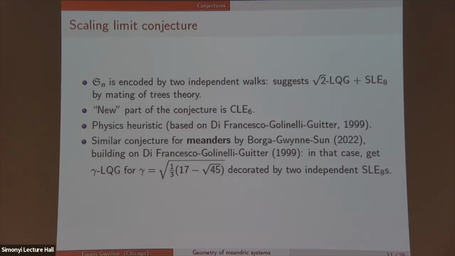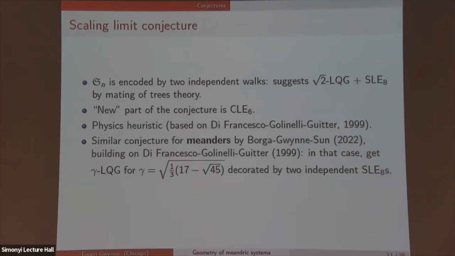It turns out that if you take this heuristic argument from the papers of Di Francesco, Golinelli, and Guitter, and Borga, myself, and Sun, and you apply it to meandric systems instead of meanders, then you can get a heuristic justification for the scaling limit conjecture for these meandric systems, which I just stated.